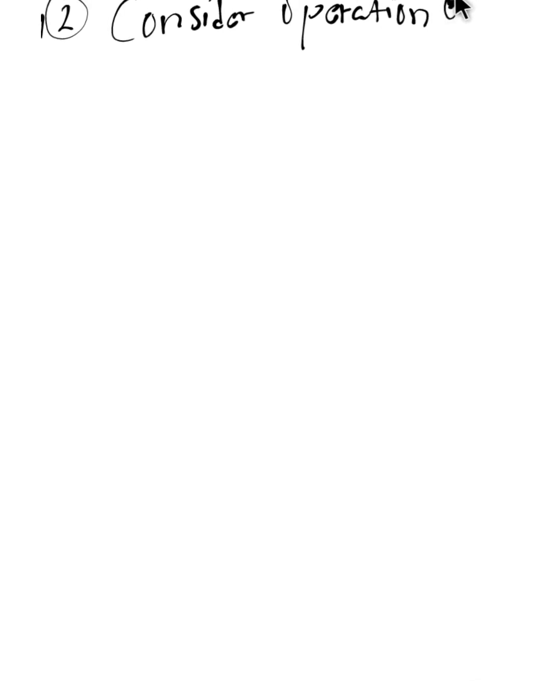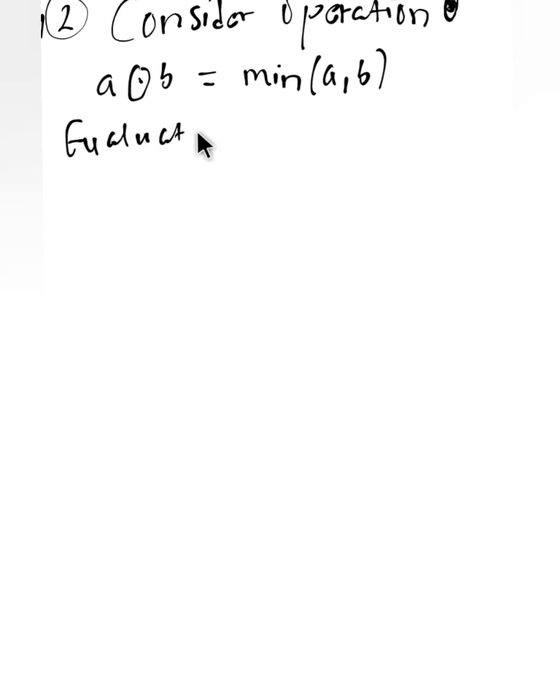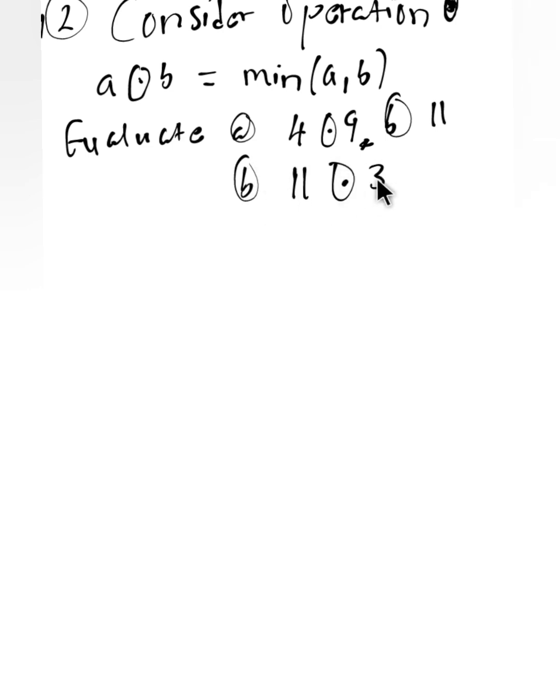It's a circle with a dot in it, such that A operation B is the minimum of A and B. Now evaluate A, 4 operation 9, and B, 11 operation 3.